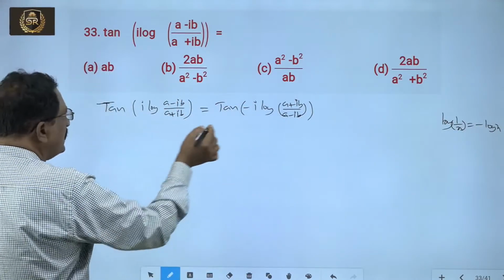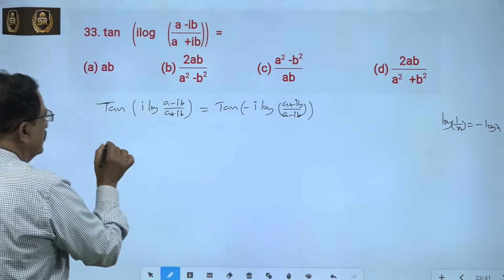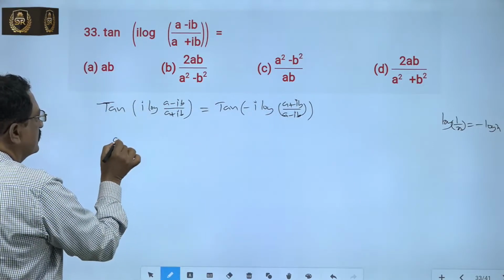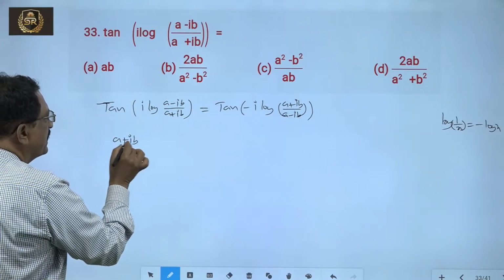Now first find log of (A plus iB) by (A minus iB).